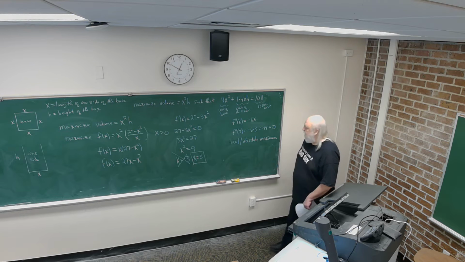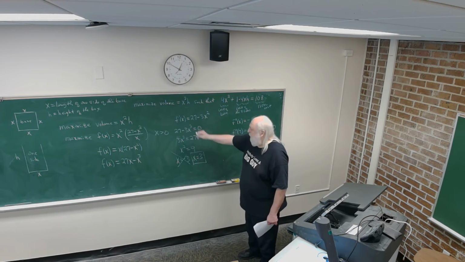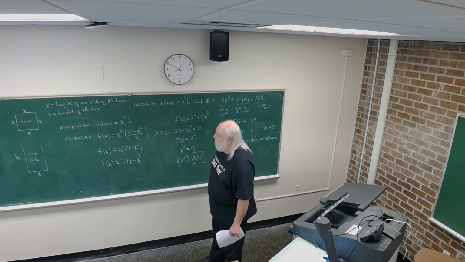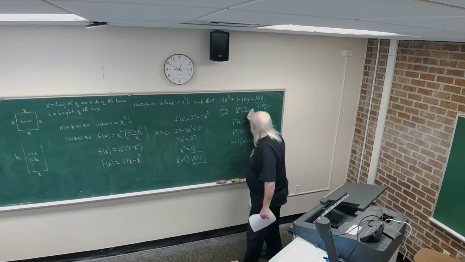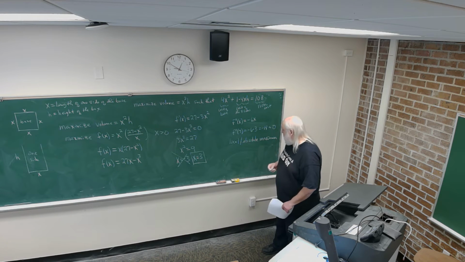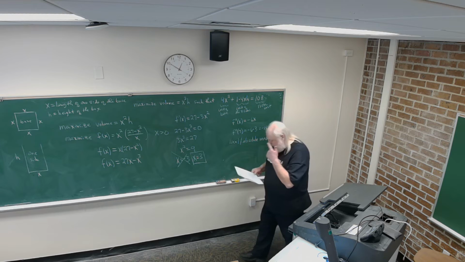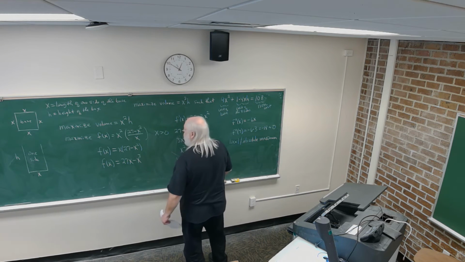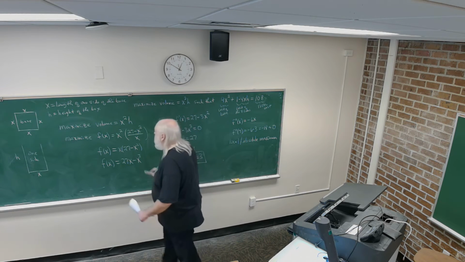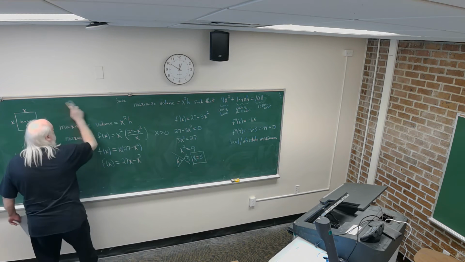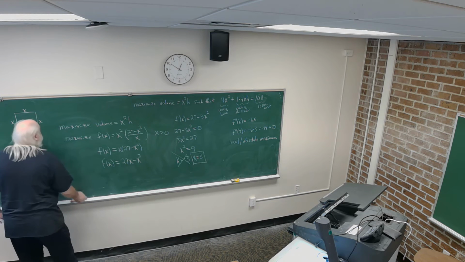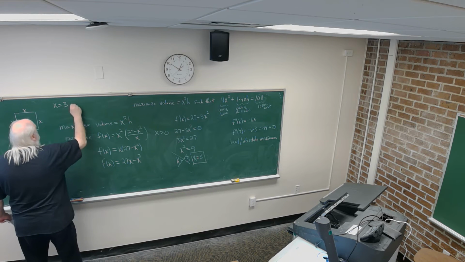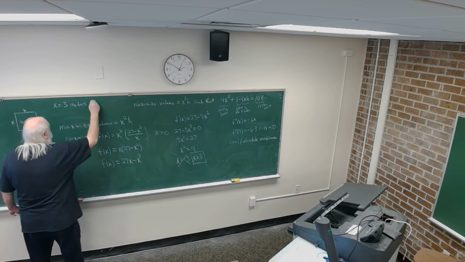So x equals 3 maximizes the volume for our box, and it maintains the cost at $1.08. So x equals 3 meters.